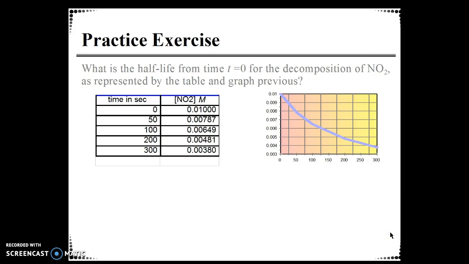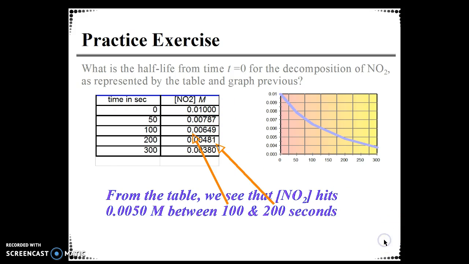What is the half-life from time t equals 0 for the decomposition of NO2 as represented by the table and graph that we just looked at? From the table, we see that the nitrogen dioxide concentration hits the halfway point, 0.005, between 100 and 200 seconds.